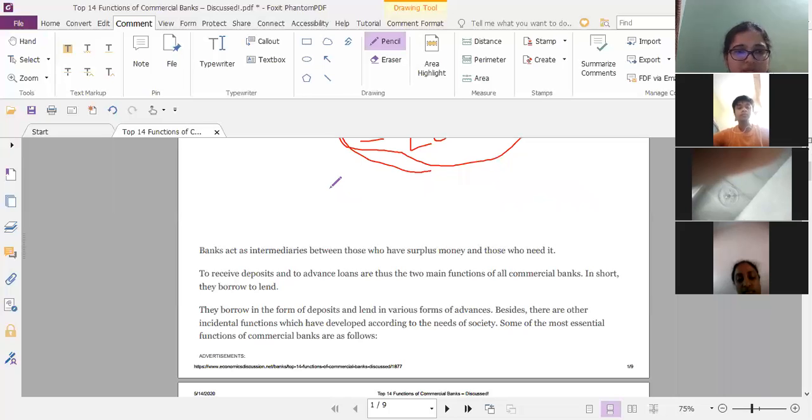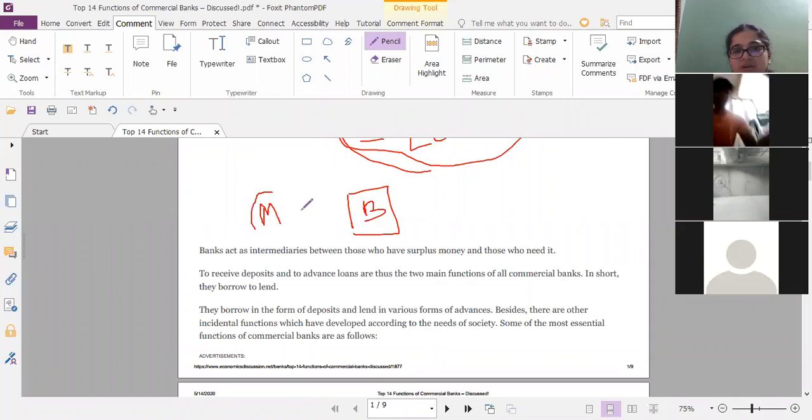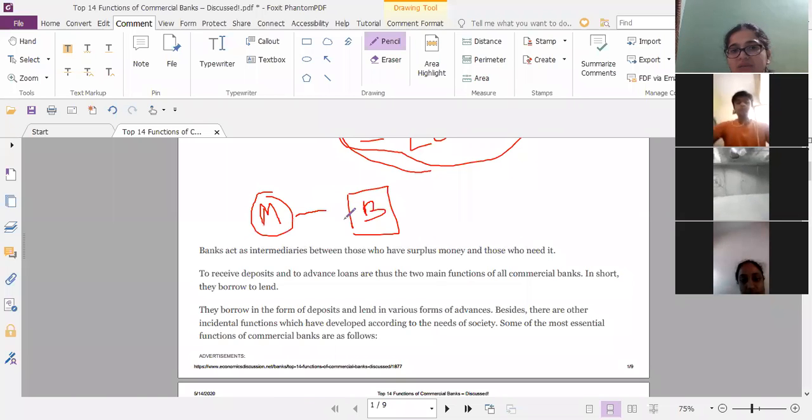So banks act as intermediaries between those who have surplus money and those who need it. So the bank is acting as an intermediary. Those who have more money can go and keep their money with banks.